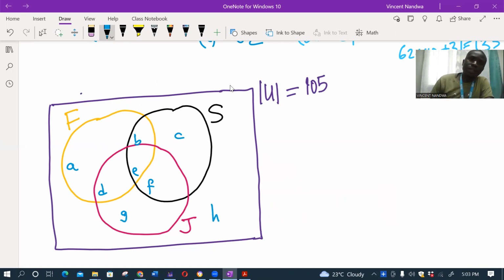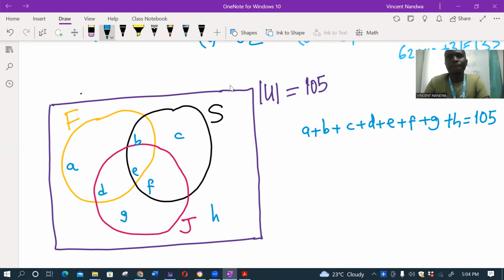Now, this means that if we take part A plus B plus C plus D plus E plus F plus G plus H, then all these parts should have a total of 105. And then you go to the question.